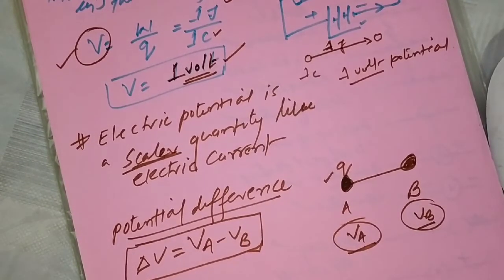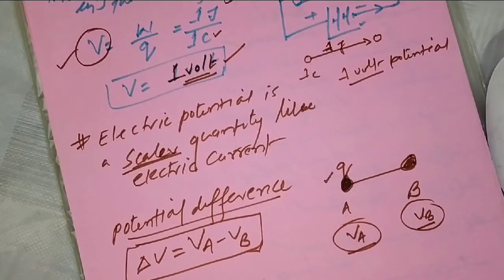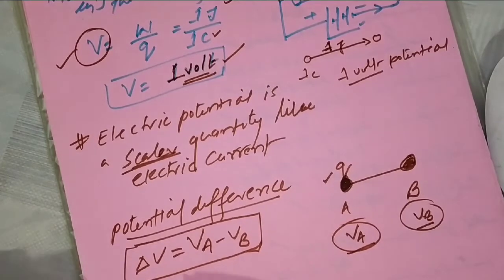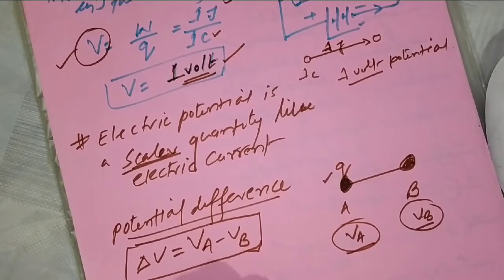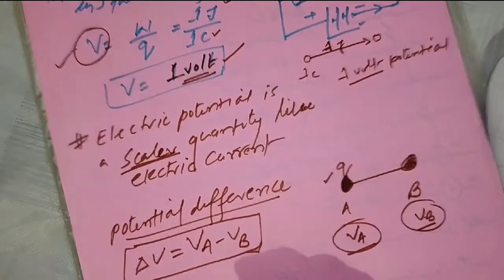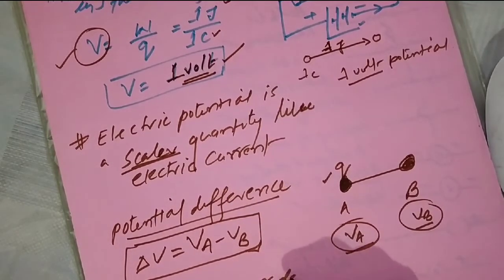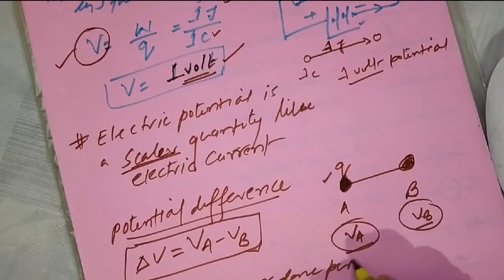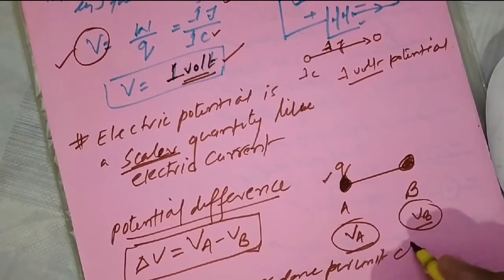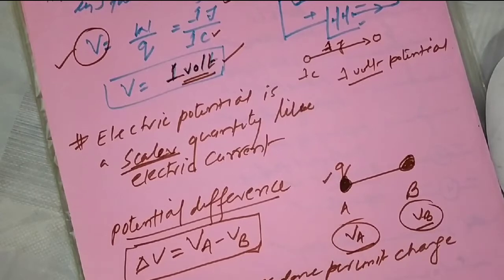So potential difference is the difference of work done per unit charge at two different places, or we can also say the difference in work done per unit charge at two different points.